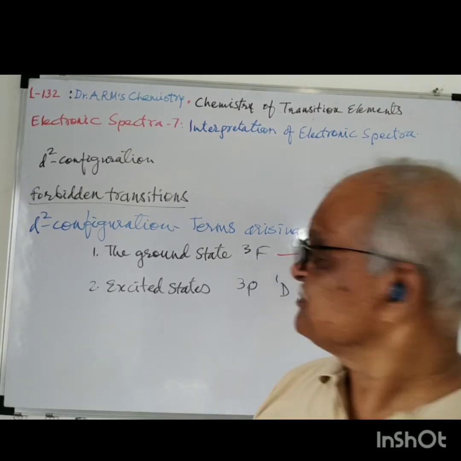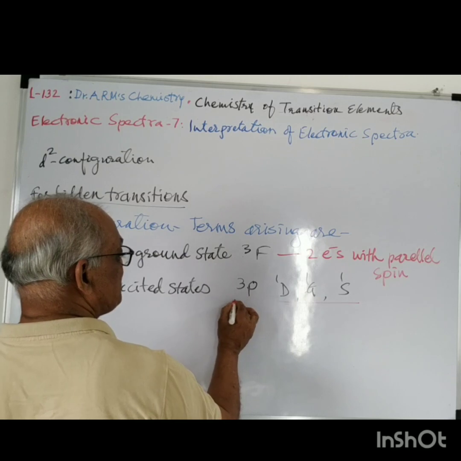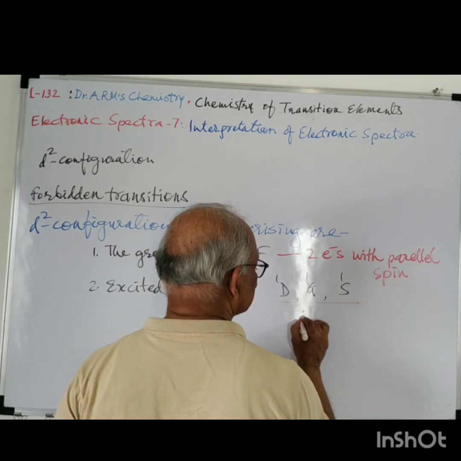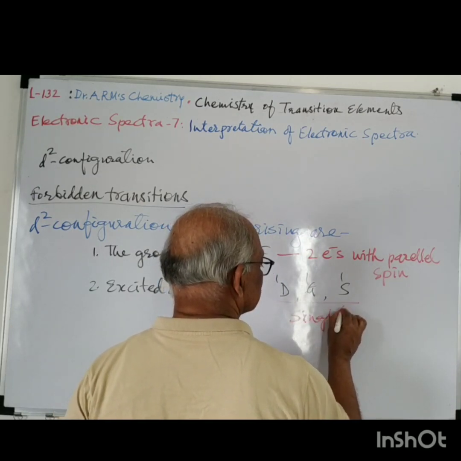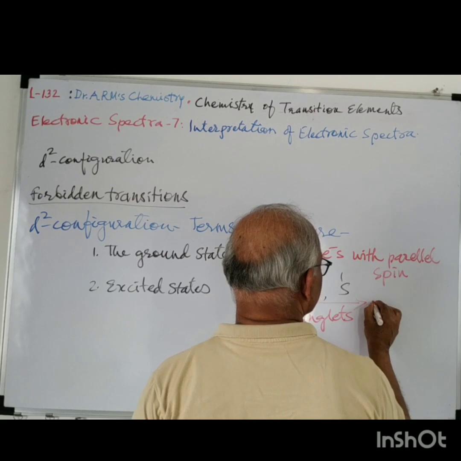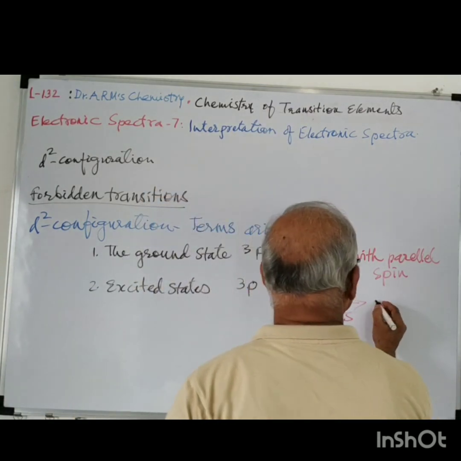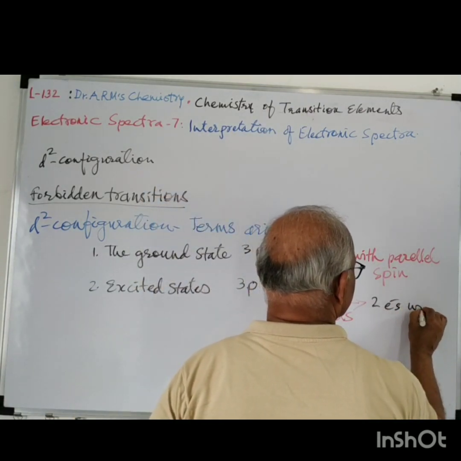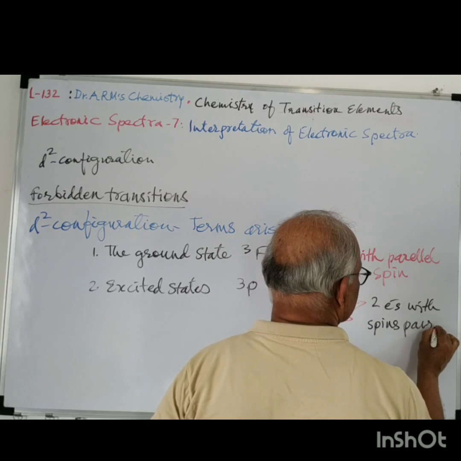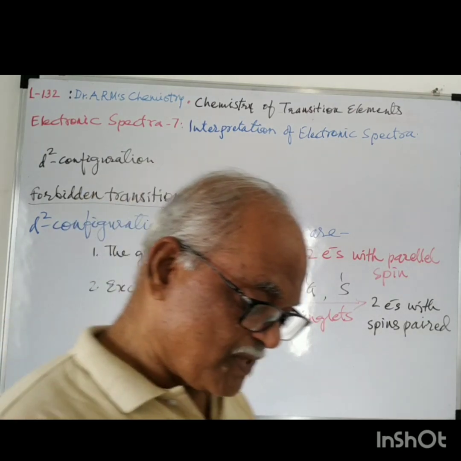The triplet P is also a triplet state, and these are the singlets, which have 2 electrons with paired spins.